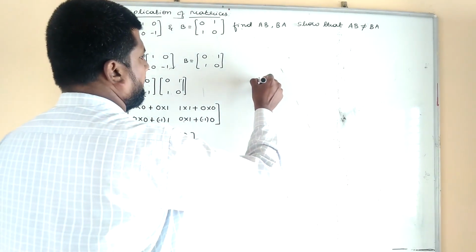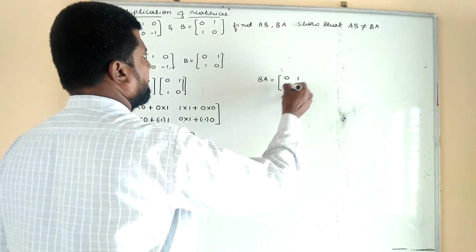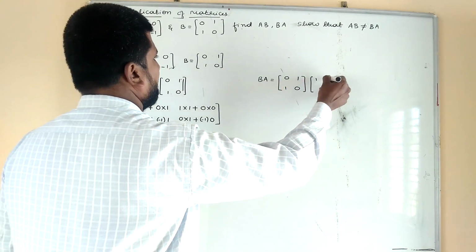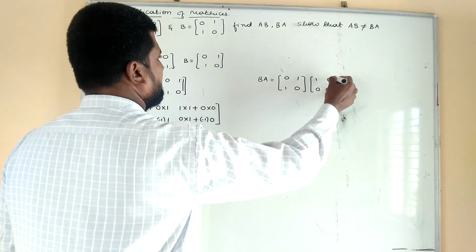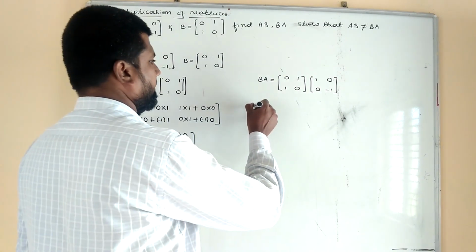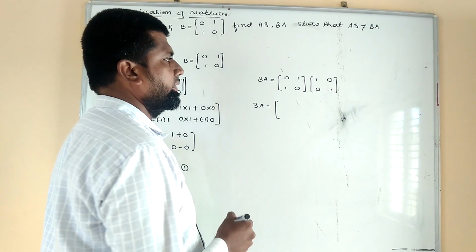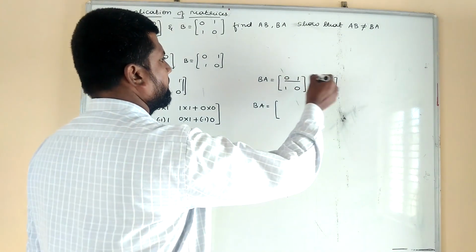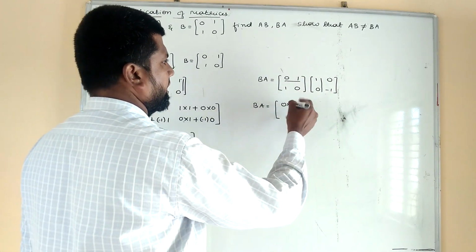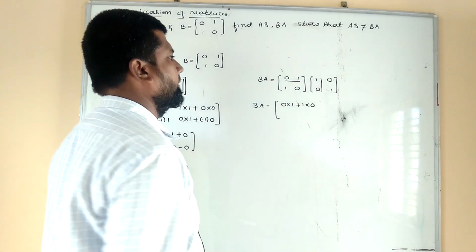Let us find the BA. What is B? [0 1; 1 0]. Then what is A? [1 0; 0 minus 1]. So if you multiply BA, the first row should be multiplied with the first column. 0 into 1 plus 1 into 0.